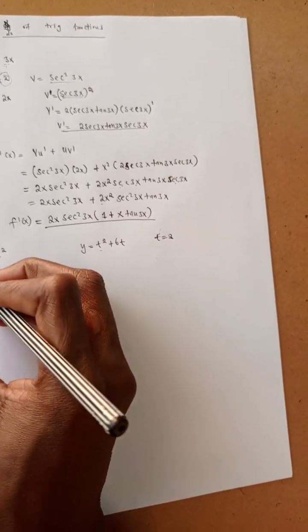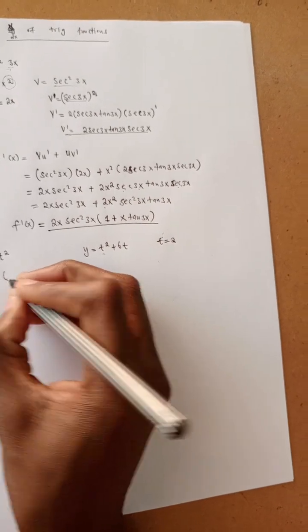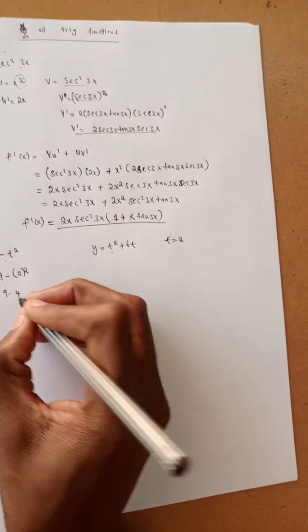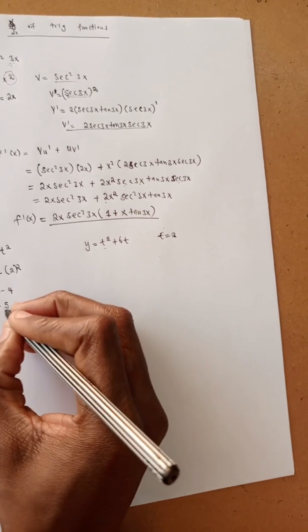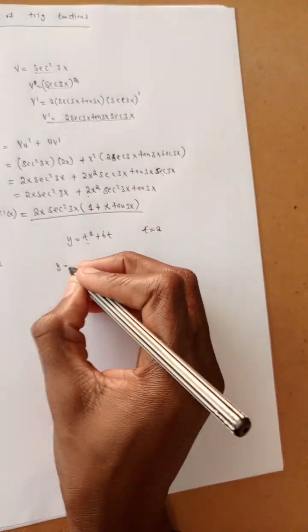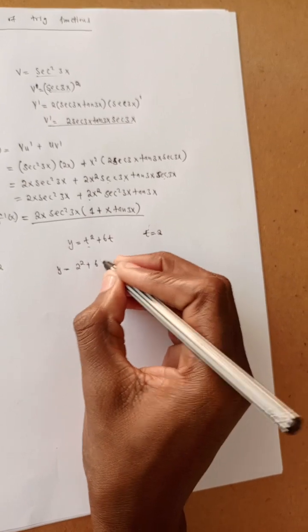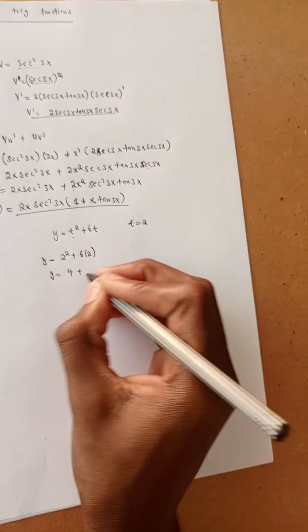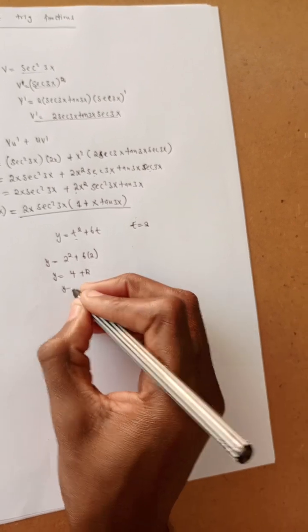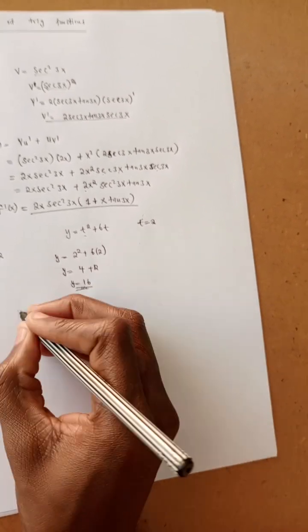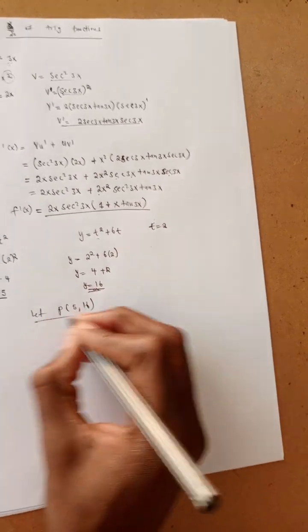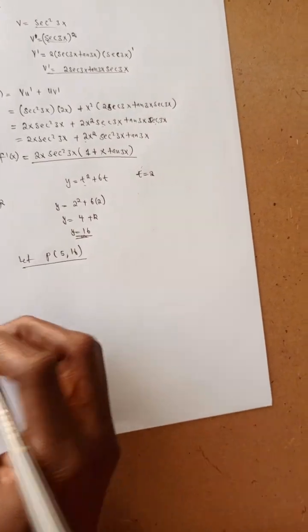So the x coordinate can be found by saying 9 minus 2 squared. That's 5. So that's the x coordinate. So y coordinate. So let P be equals to this. So this is our coordinate.